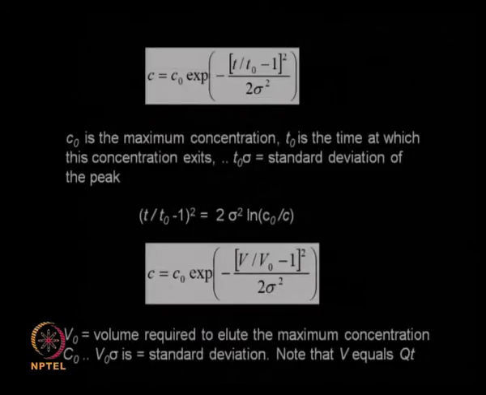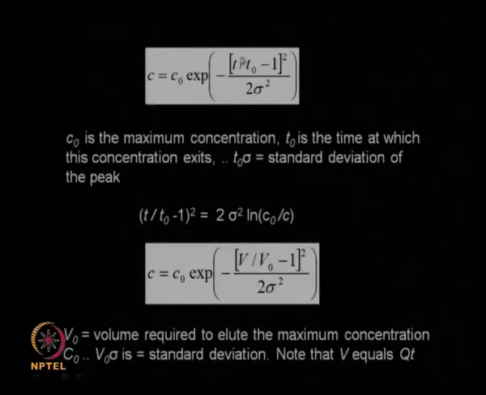Now let us look at, or recap, some of the equations which I introduced in the previous class. The concentration of the solute that is leaving the column is going to be in the form of a Gaussian distribution. So the equation for a Gaussian distribution is C equal to C naught exponent minus (t by t naught minus 1) whole square by 2 sigma square.